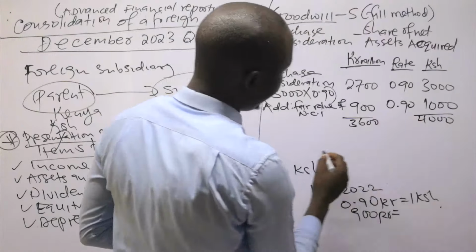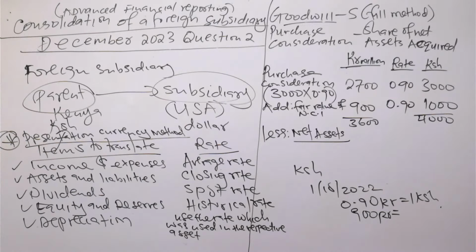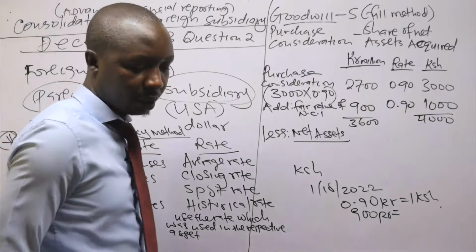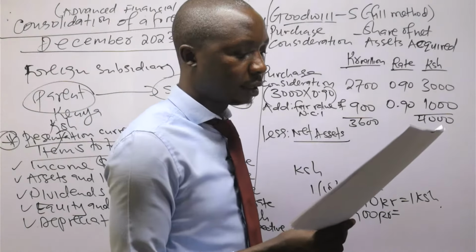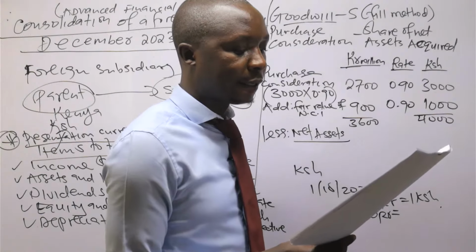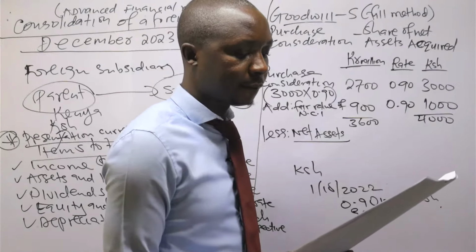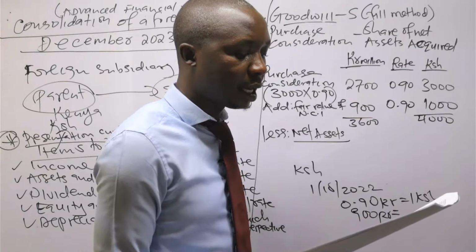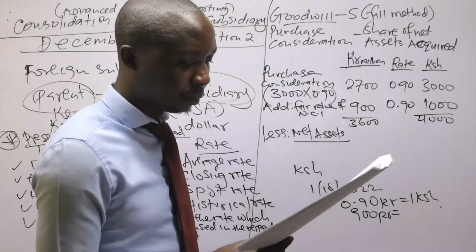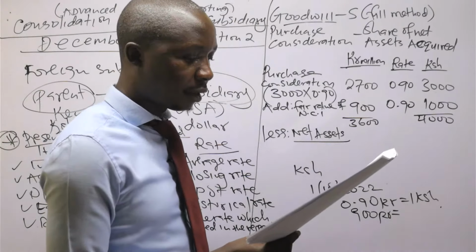So the net assets of S were provided as at the time of acquisition already. That is according to note 1. Remember that according to note 1, you were told that H acquired S, with consideration in Kenyan shillings, when the retained earnings of S stood at 540.